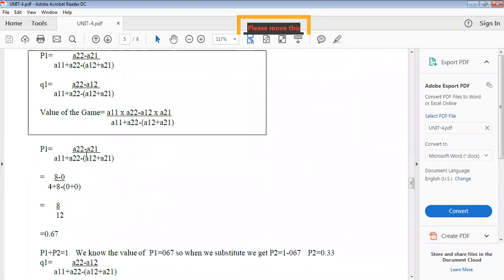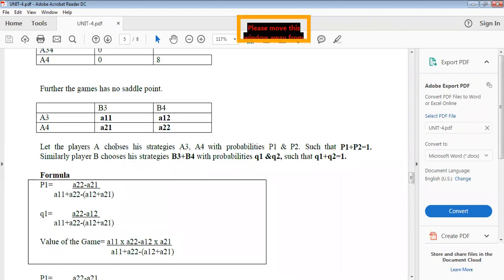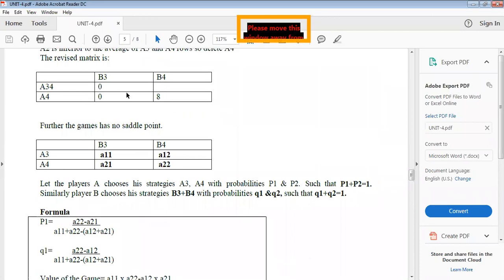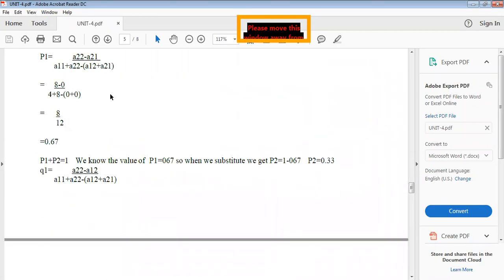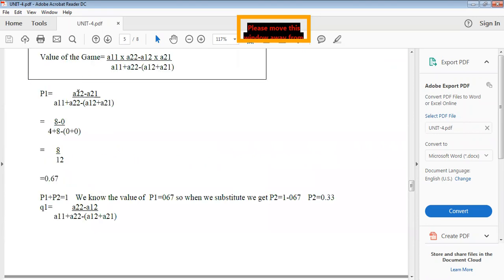So P1 is equal to A22 minus A21 divided by A11 plus A22 minus A12 plus A21. So this is 8 minus 0 divided by 4 plus 8 minus 0 plus 0. 8 by 12, finally 0.67.